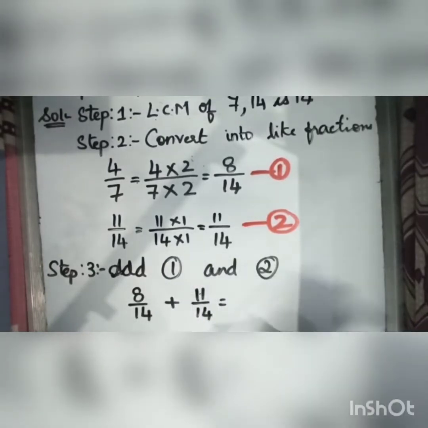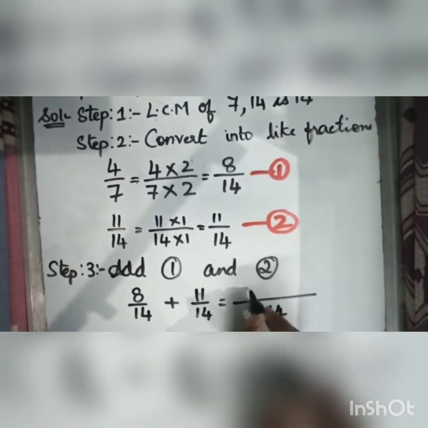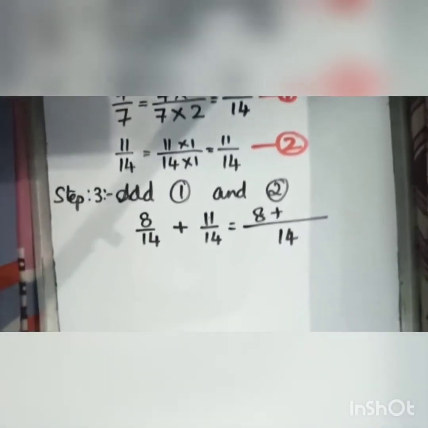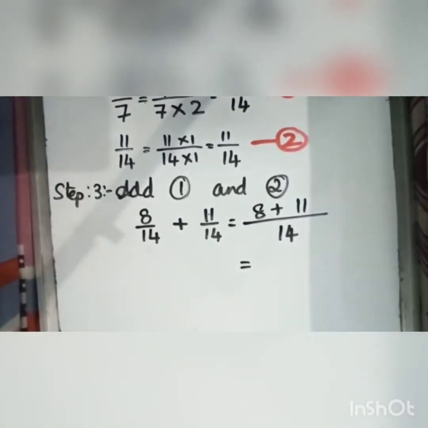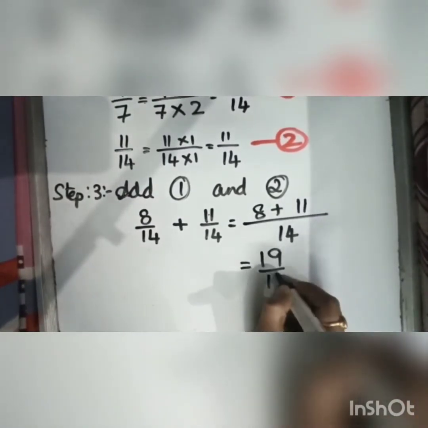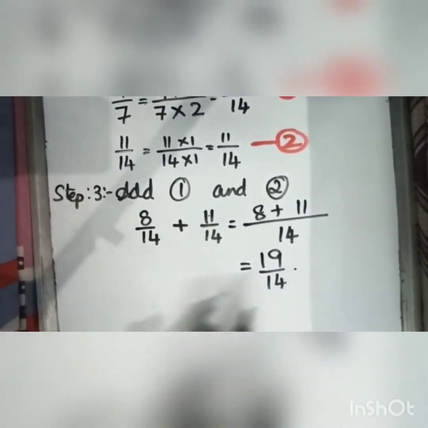When the denominators are same, I write the common denominator and I add the numerators. 8 plus 11, 19 by 14. When I add 1 and 2, I get 19 by 14.